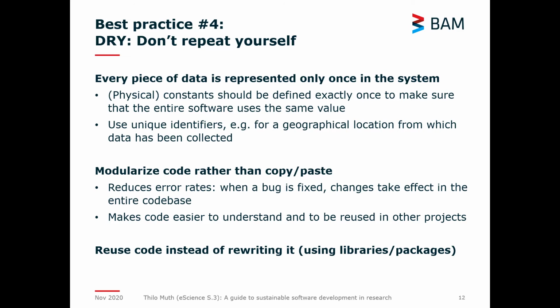And the entire code base, in the optimal case, only uses this one method in a certain library, in a module. And you can also test and evaluate these methods separately. Code modularization makes code easier to understand and to reuse in other projects.